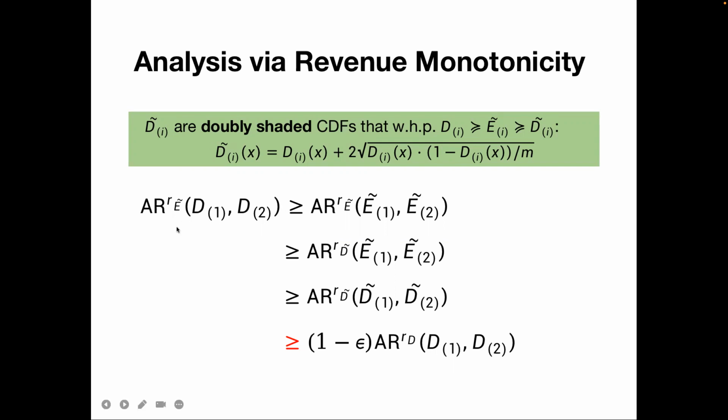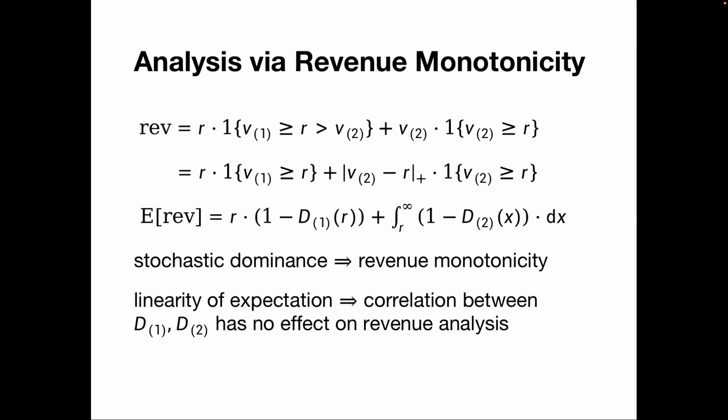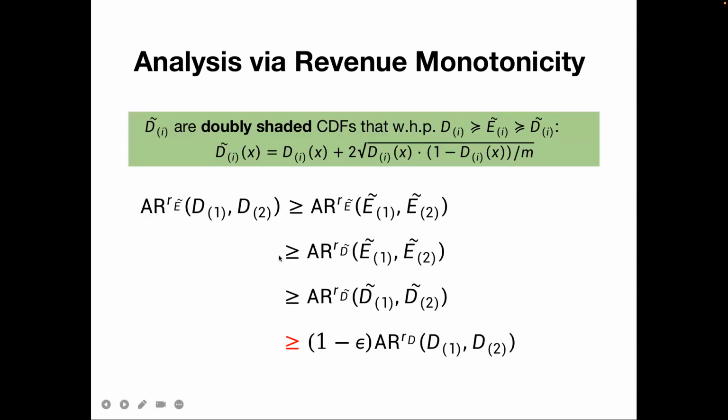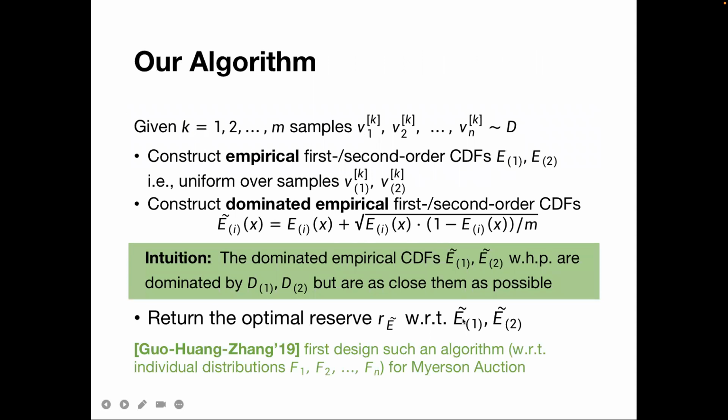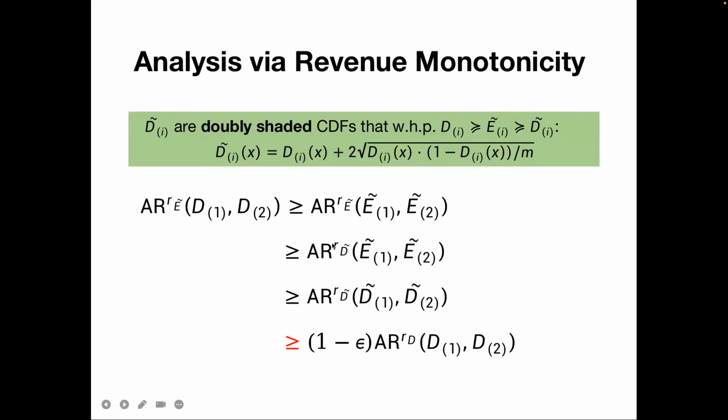The first inequality simply applies this revenue monotonicity. The second inequality simply uses the optimality of our reserve: it is the optimal reserve with respect to the dominated empirical distribution.